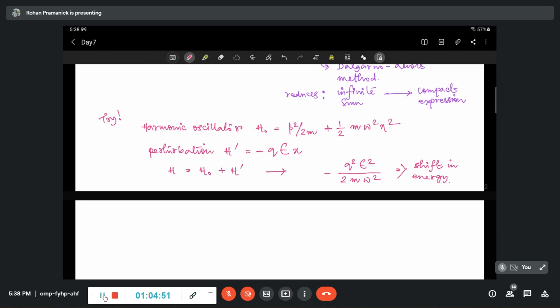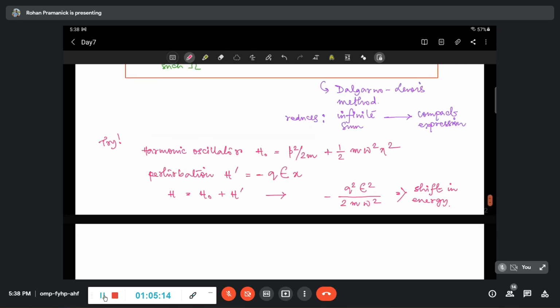This is an exact, compact form, an analytic solution to how much the energy changes after introducing this perturbation. This perturbation is nothing but putting the bulb in an electric field and giving a charge. So you have done this trick and found this compact answer.